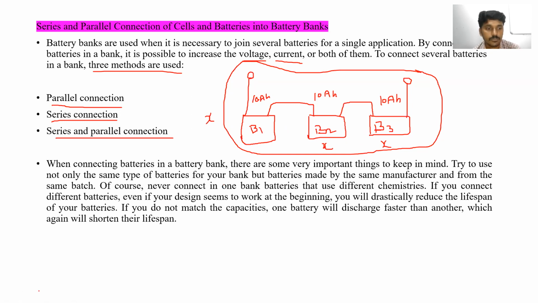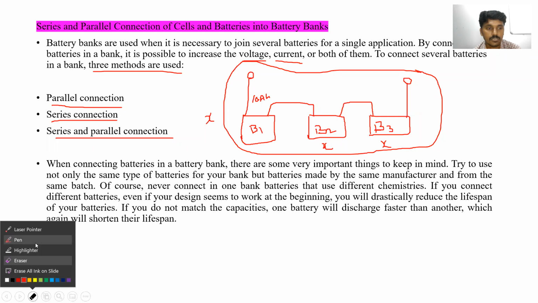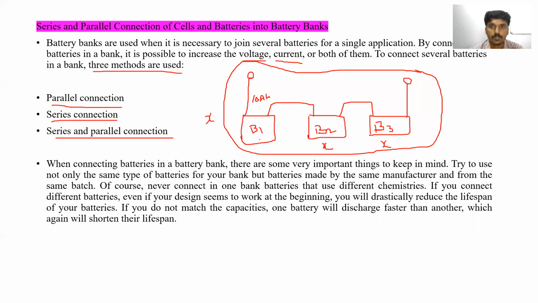Not like this: for example, if the battery capacity of the second one is 5 ampere hours, and this is 8 ampere hours, the capacities of these batteries will be different.